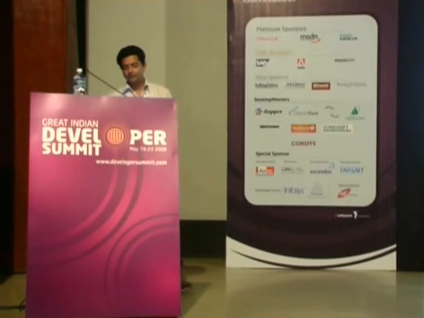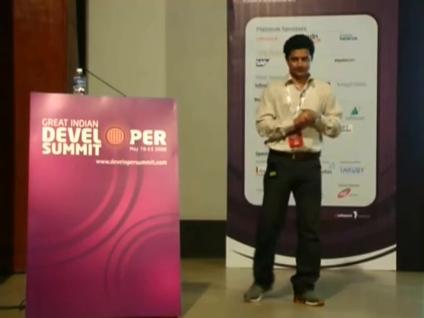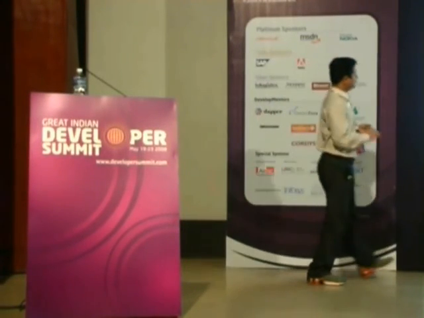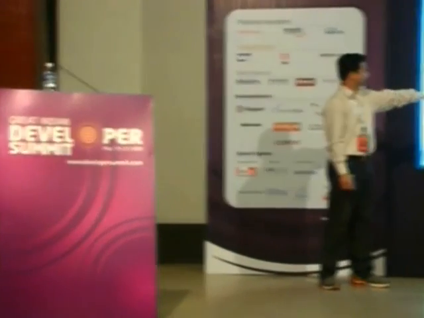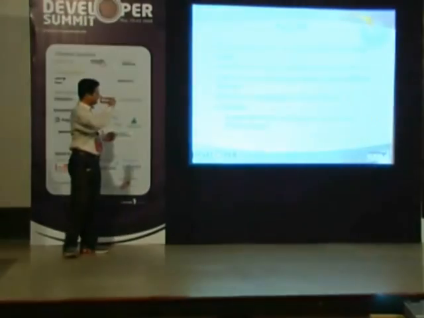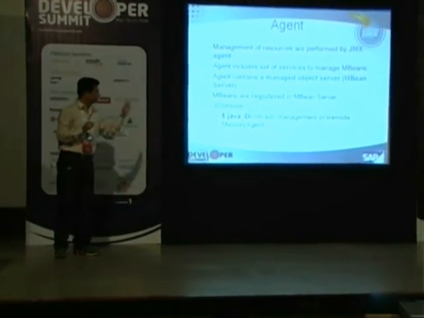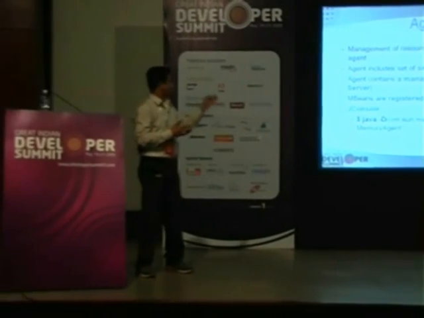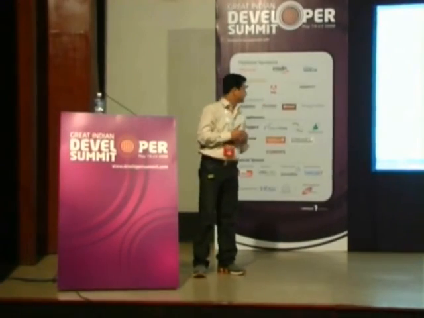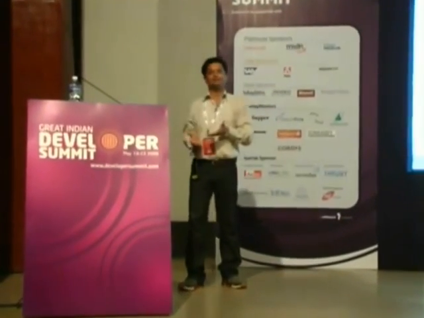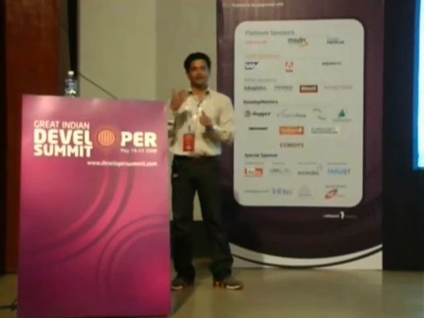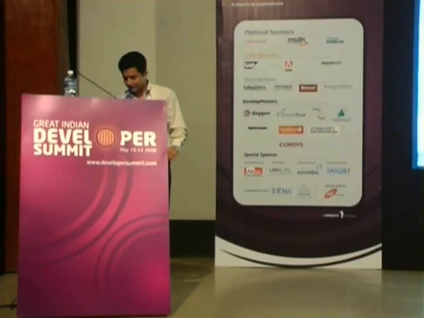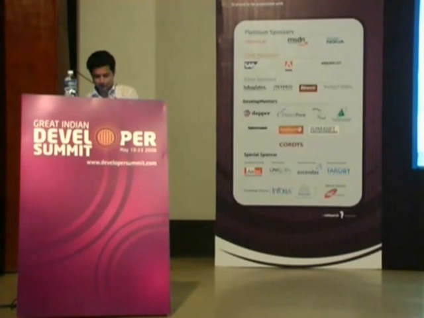So what else I have is anyway already covered, because there's a lot of simplification in Java 6. If I go to Java 5, I have to run an agent with this particular descriptor, java -D and then com. If I use -D and this particular option, then only I will be able to see the agent in JConsole. But in Java 6, this has been further simplified, and you just type jconsole, and even if I'm running my agent, the Java memory agent, it is detected by JConsole.